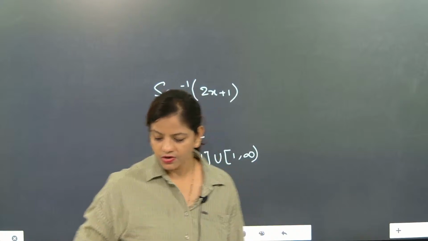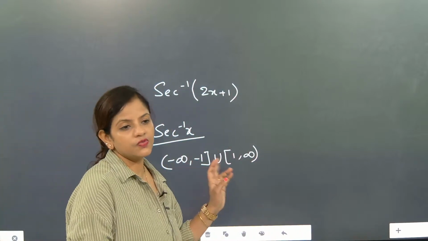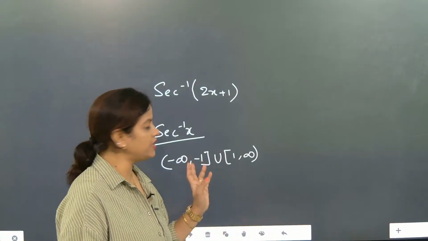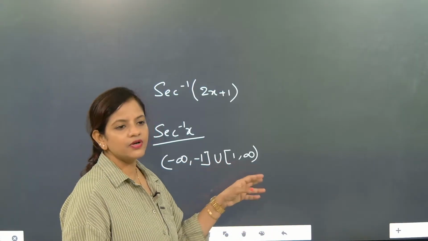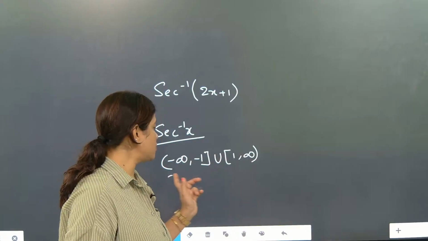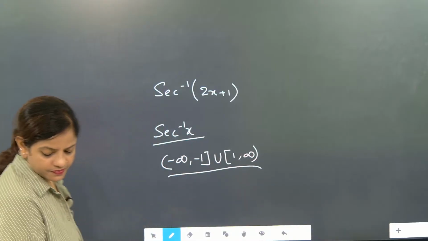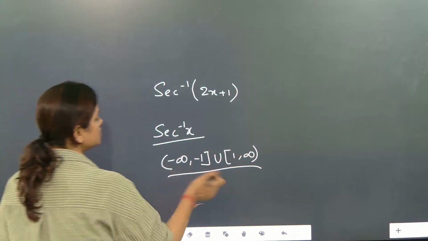Understood? So minus infinity to minus 1 and 1 to infinity. This is exactly how it is going to work.